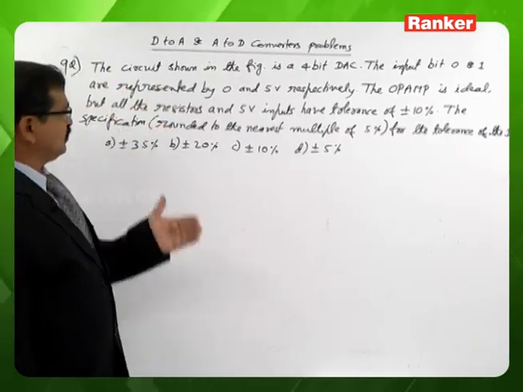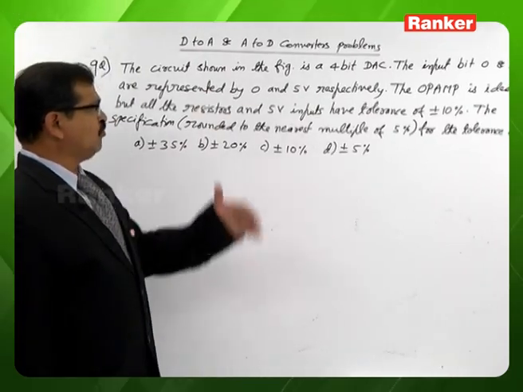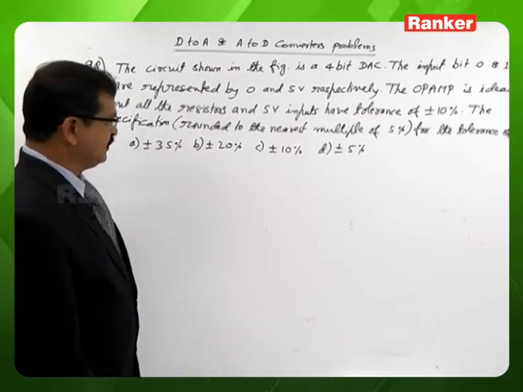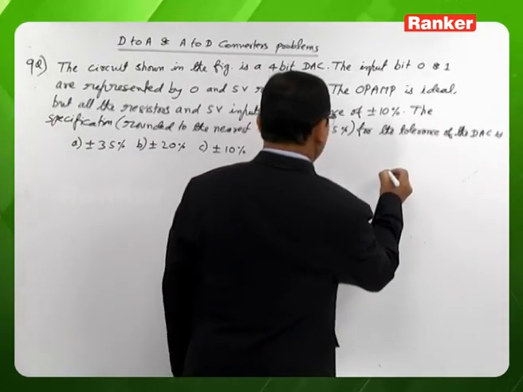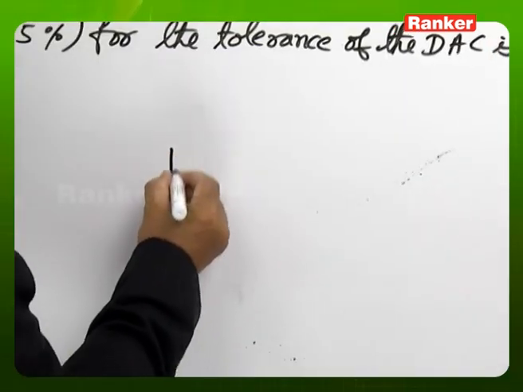The circuit shown in the figure is a 4-bit digital to analog converter. So, a 4-bit digital to analog converter circuit is given.